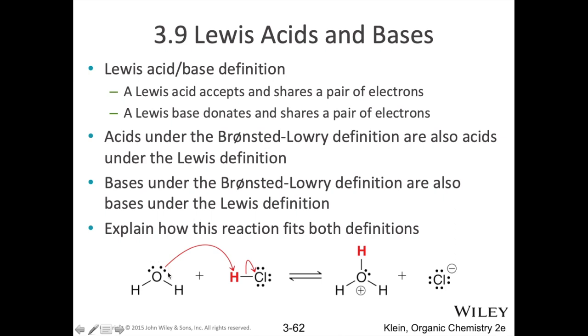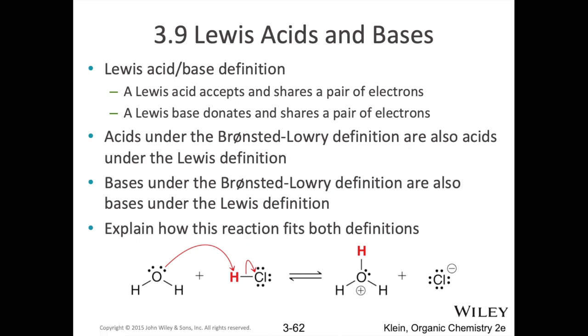So for example, here we've seen that when hydrochloric acid reacts with water, we make hydronium and chloride. And we've seen that this is your basic Bronsted-Lowry definition, right? Your water is acting as a base. It's taking away this proton from your HCl. And your HCl is acting as an acid. It's donating that proton to the water, right? Well, let's look at it from the electronic standpoint.